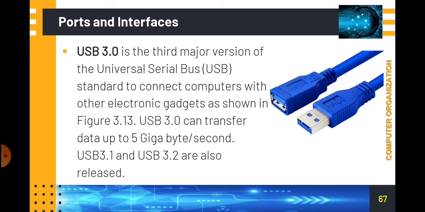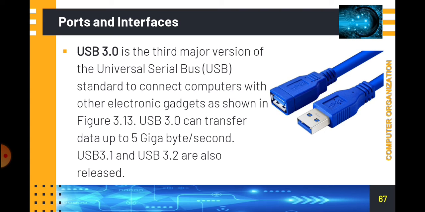Here USB is known as the Universal Serial Bus. Through it you can connect the computer with other electronic gadgets. Gadgets are nothing but hardware devices. As shown in figure 3.13, USB 3.0 can transfer data up to 5 gigabits per second.